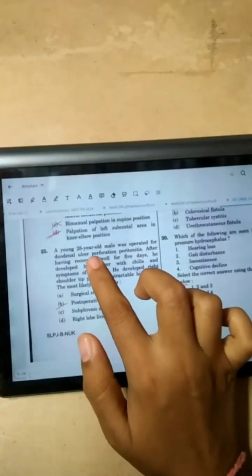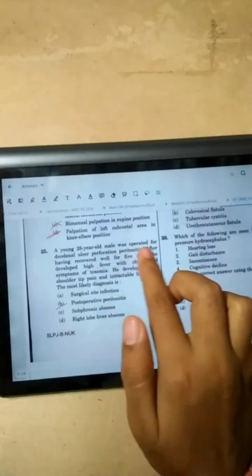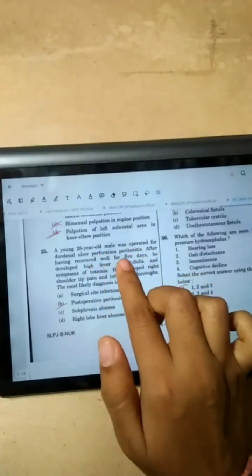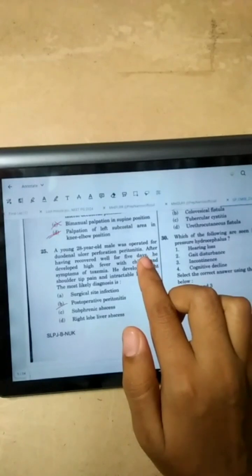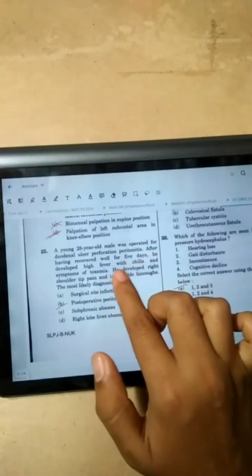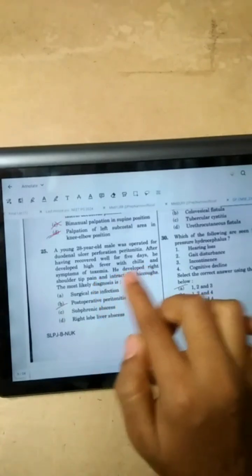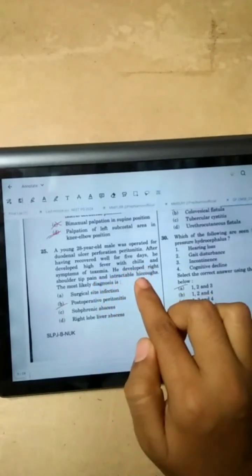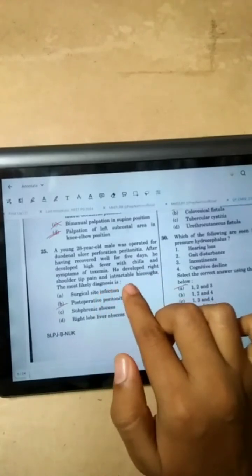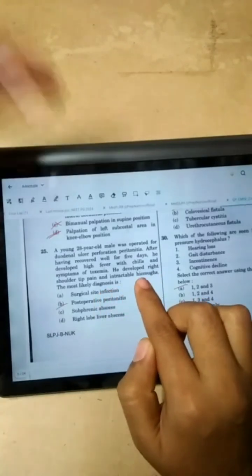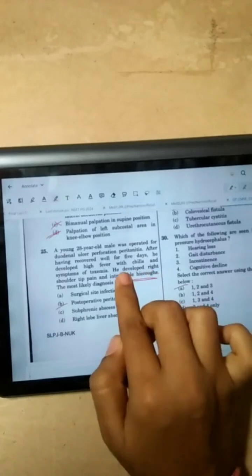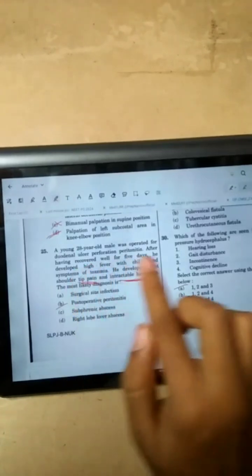A young 28-year-old male was operated for perforated duodenal ulcer peritonitis. After they recovered well for 5 days, he developed a high fever with chills and symptoms of toxemia. He developed right shoulder tip pain and intractable hiccups. So intractable hiccups are our buzzwords, and shoulder tip pain.